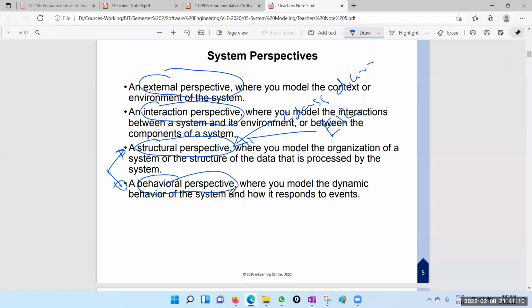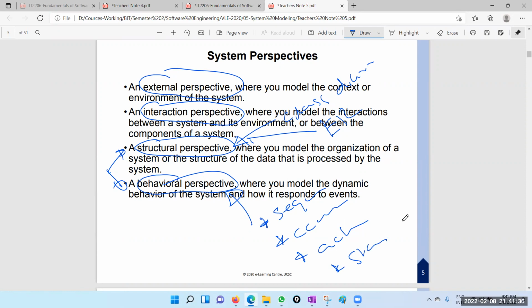Then there are behavioral perspectives. They show how things behave, how they interact, how they process. In UML, the most popular behavioral diagrams are sequence diagrams, communication diagrams, activity diagrams, and even state diagrams. Those are behavioral diagrams.